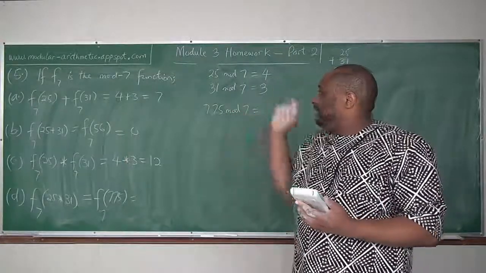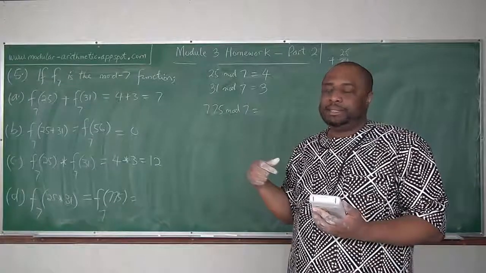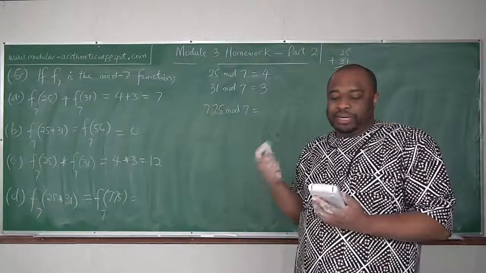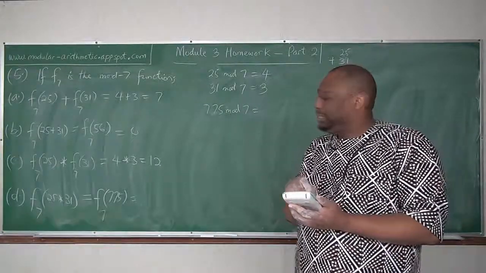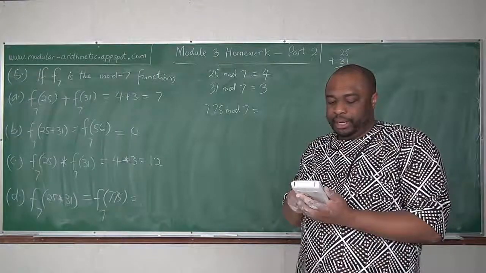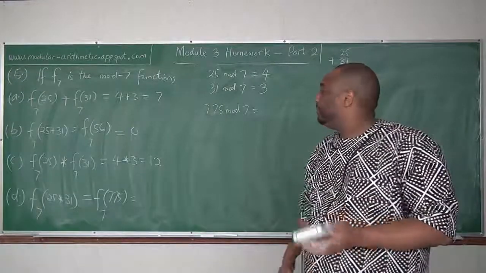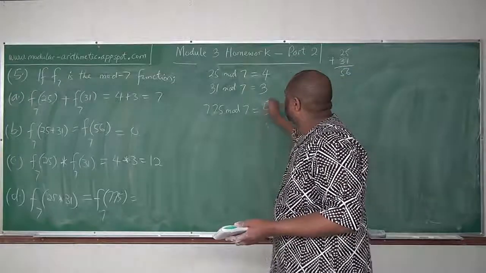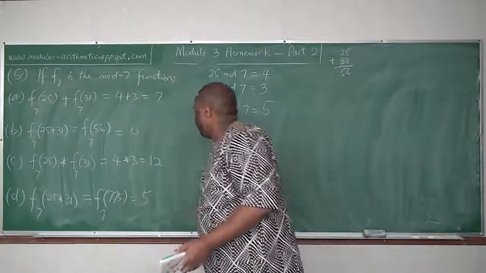Then we take the integer part, which is 110. 110 times 7 is 770. Subtract it from 775 and you have 5. So that's how it's 5.